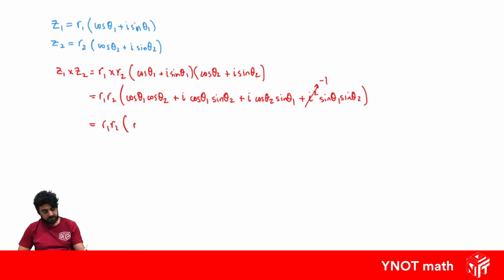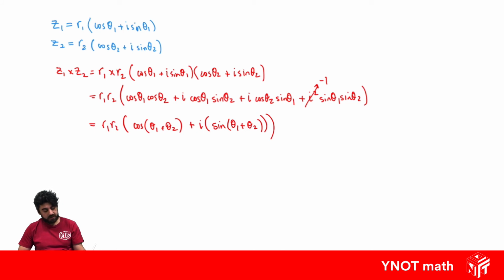That all just equals cos of theta 1 plus theta 2 using our compound angle results. Let's factorize out the I out of the next two terms, and we're just left with cos theta 1 sine theta 2 plus cos theta 2 sine theta 1, and that just equals sine of theta 1 plus theta 2 using our compound angle results. And we end up with this expression after we multiply two complex numbers together.